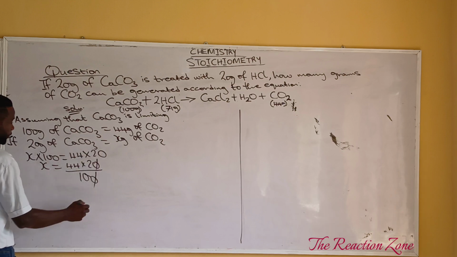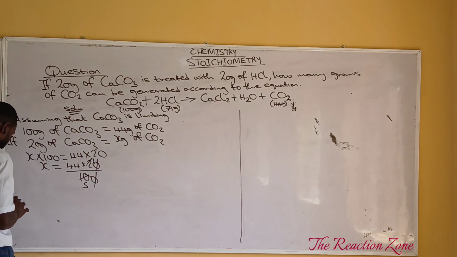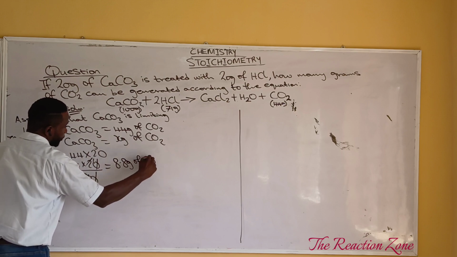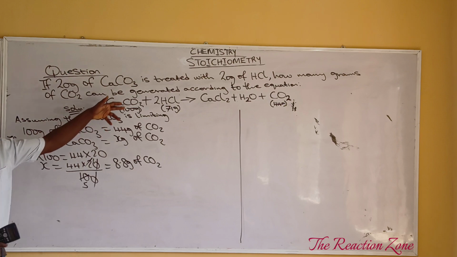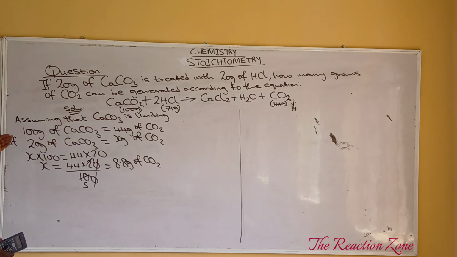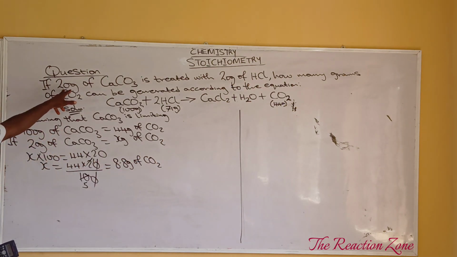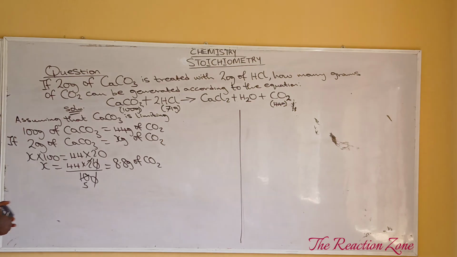This 0 will cancel this 0. 2 here 1, 2 here 5. So what we have will be 44 divided by 5. And this is going to give us 8.8 grams of CO2. So it means that if we assume that calcium carbonate is the limiting reagent, it is going to give us 8.8 grams of CO2 if 20 grams of calcium carbonate is treated with 20 grams of HCl.